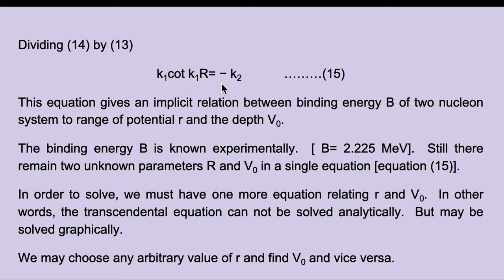We have only one equation, but two unknowns, so it cannot be solved using a single equation. In order to solve, we must have one more equation relating R and V0. In other words, this is a transcendental equation, a term known to you, which cannot be solved analytically but may be solved graphically.